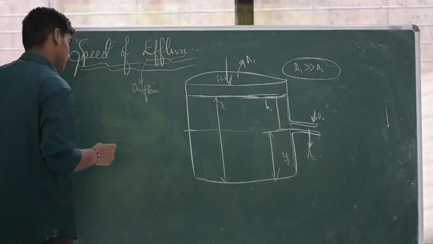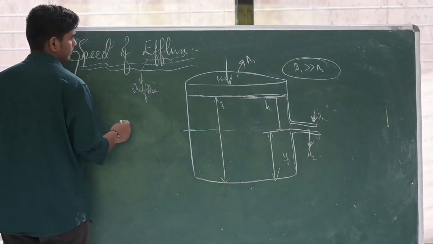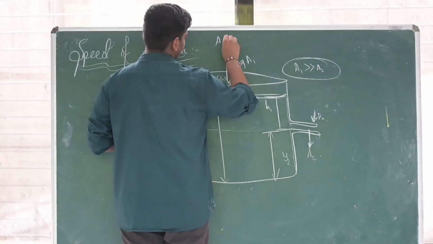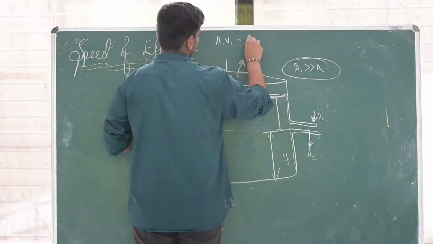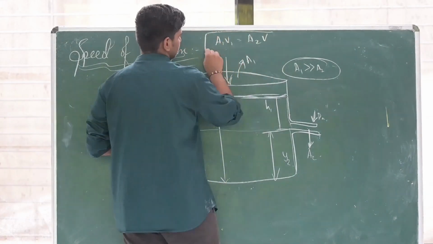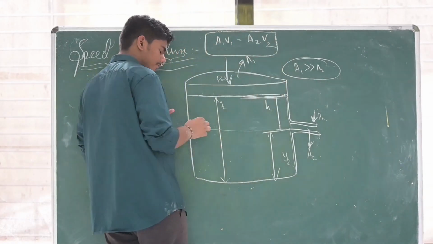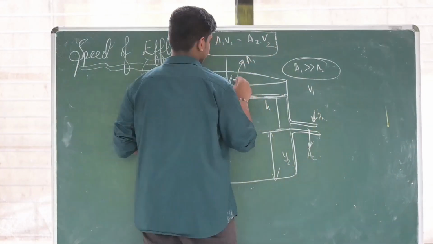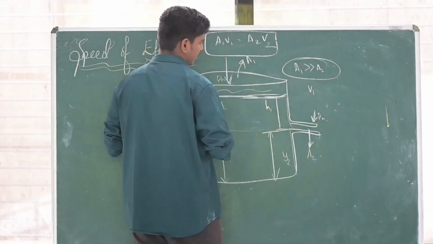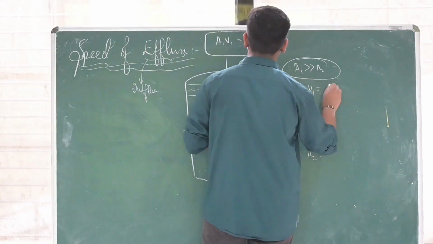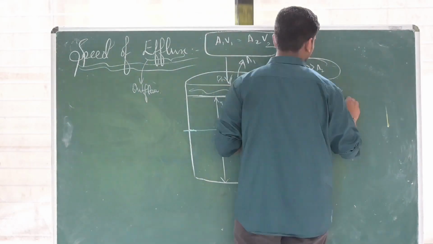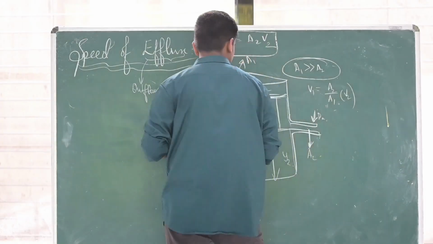Okay, so now what is the equation of continuity? A1 V1 equal to A2 V2. Am I right? A1 V1 is equal to A2 V2. Now, V1, that is the velocity of the fluid here, is equal to A2 by A1 into V2. Okay?